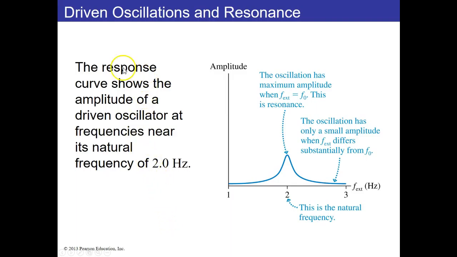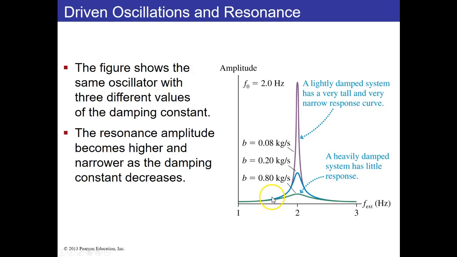So here is the response curve. The response curve shows the amplitude of a driven oscillator. So I'm driving this frequency closer and closer to its natural frequency of 2 Hertz. Once I do that, I can shatter that glass is essentially what's going on.